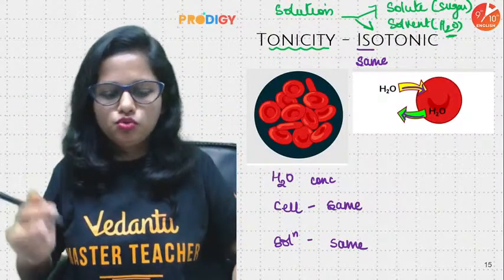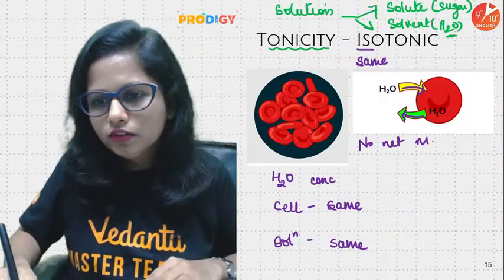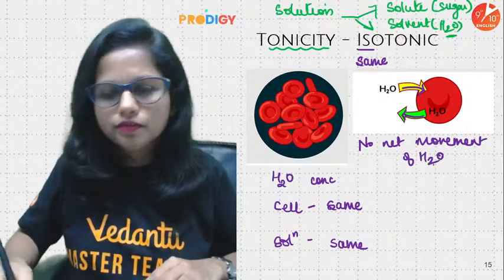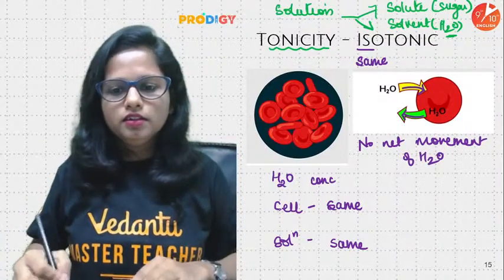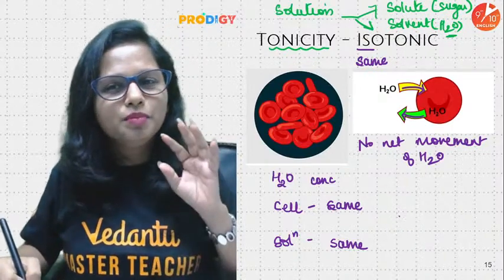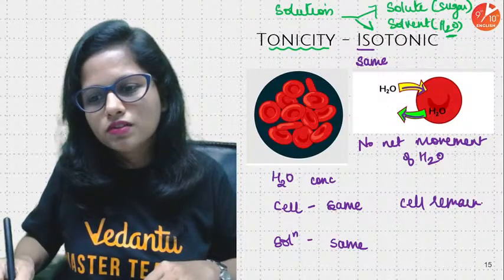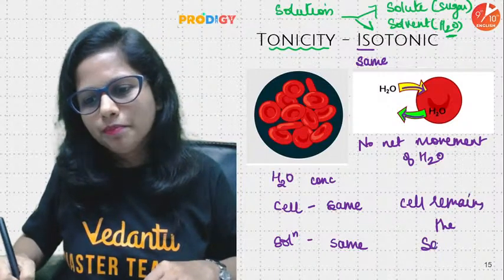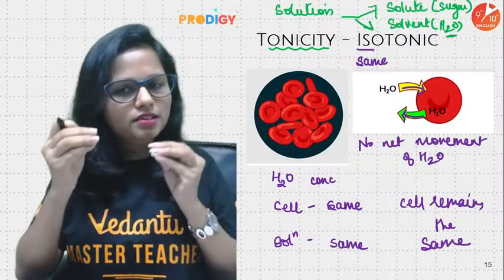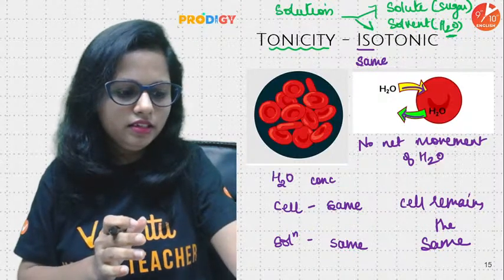So it means there will be no net movement of water. That's the reason why the cell will remain as it is. So in isotonic, the cell remains the same. Easy, guys.